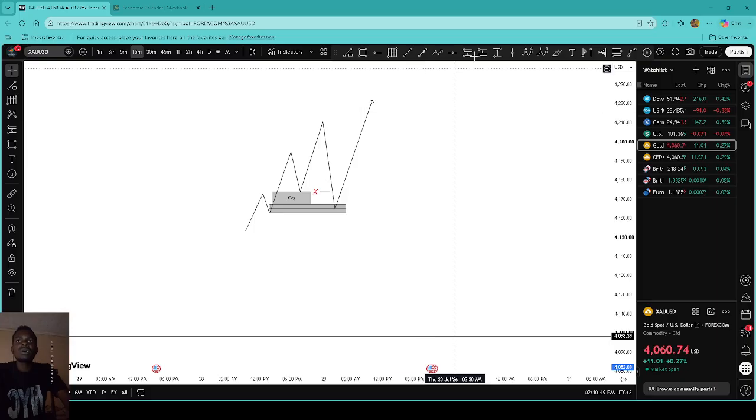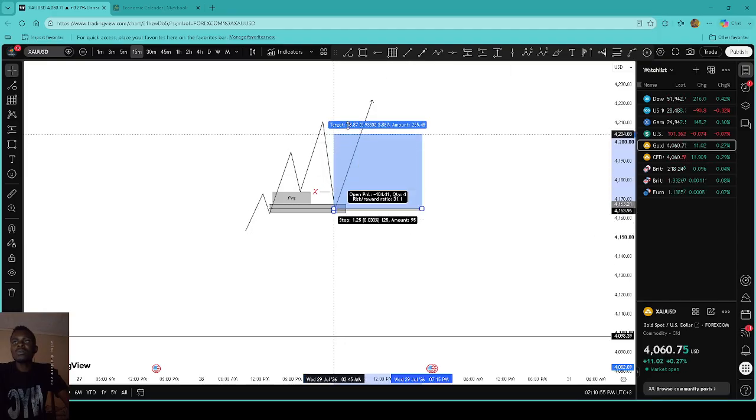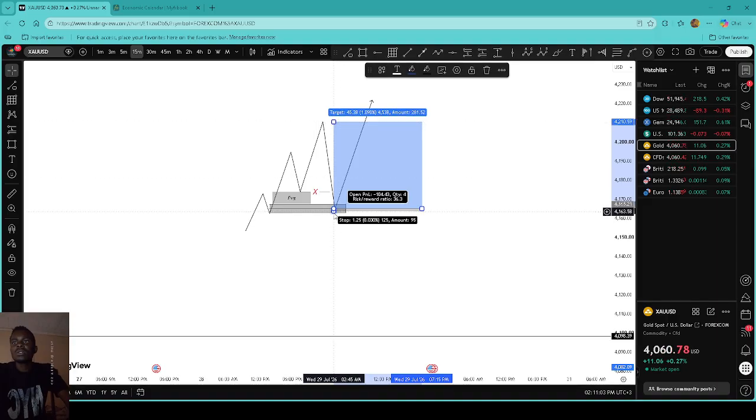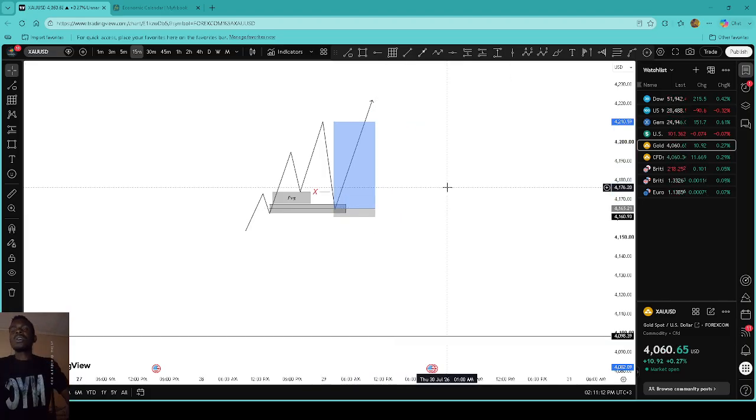This is a very good pattern for an aggressive entry. If you're someone who has a problem waiting for confirmations, this one is a very good pattern for an aggressive entry. I hope until then we're together.